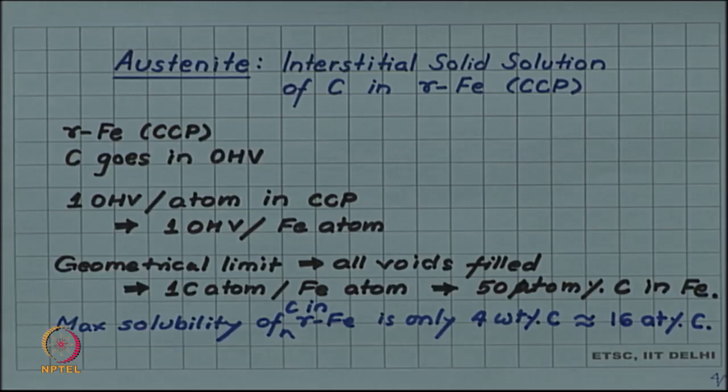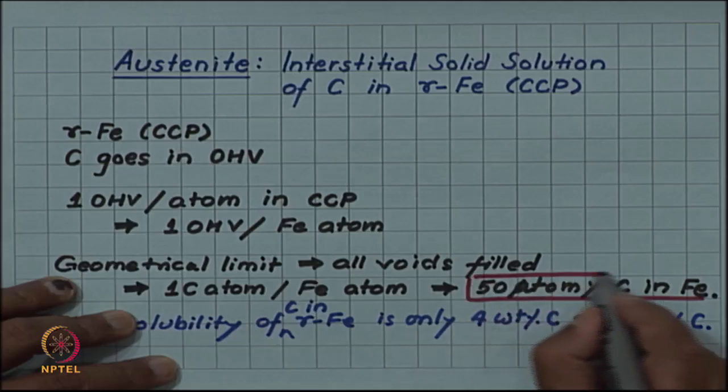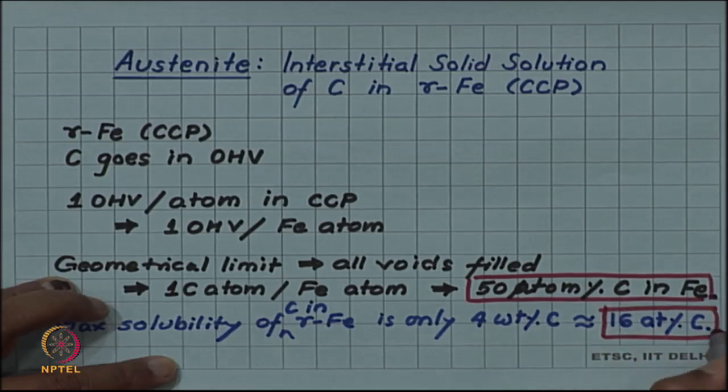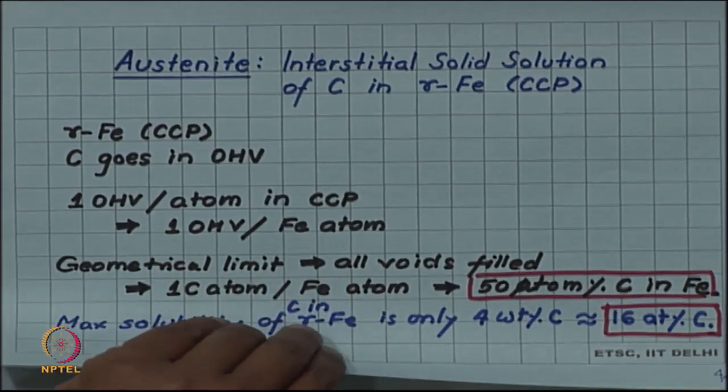So, although you had 50 atomic percent as the upper geometrical limit, in reality it is only 16 atomic percent. The real, experimentally observed upper limit is much less than the geometrical limit.